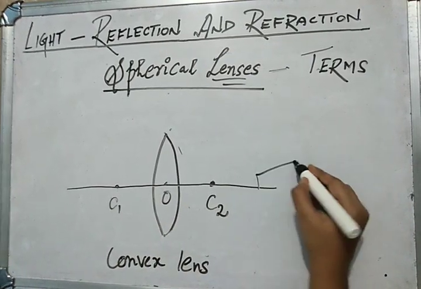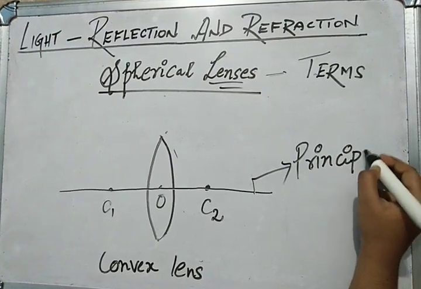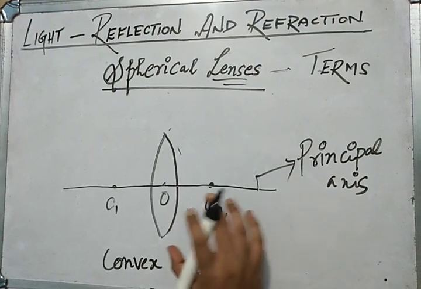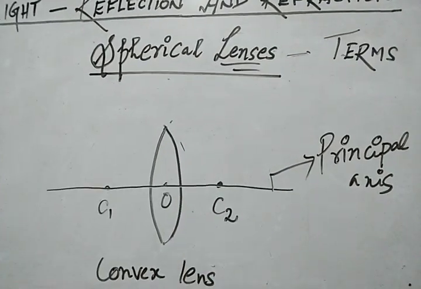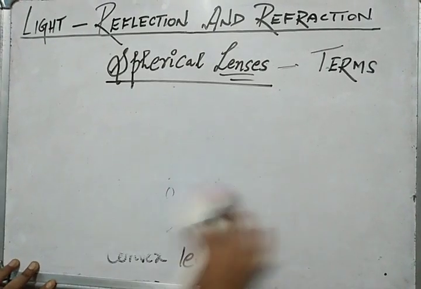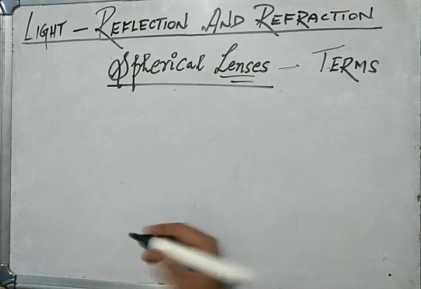This is your principal axis. Alright, now principal focus. Now how would I define principal focus? Now this was about the convex lens. Similarly for a concave lens also it will be like that.